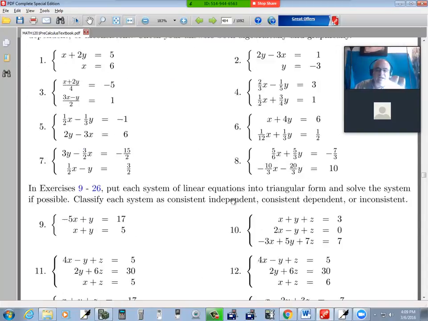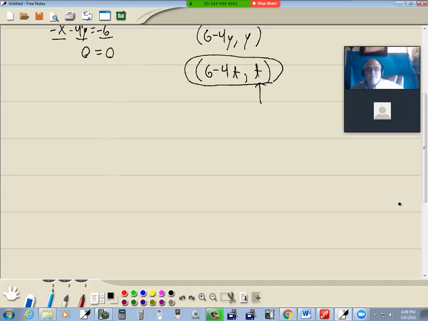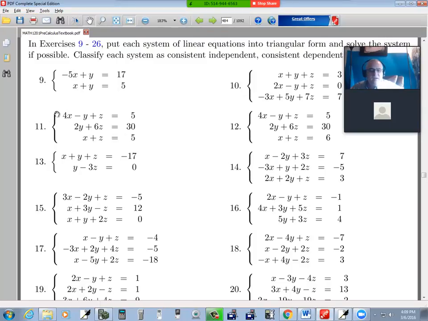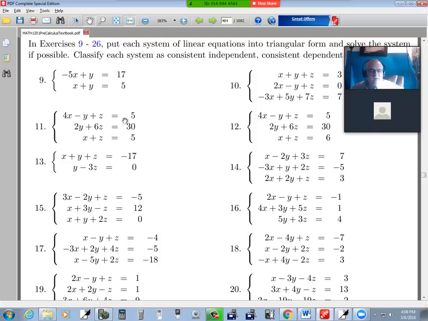So number 16. We got 2x minus y plus z is equal to negative 1.